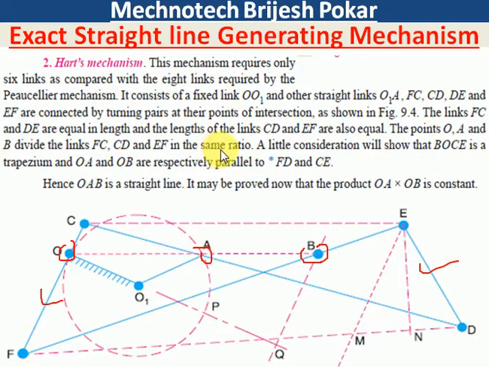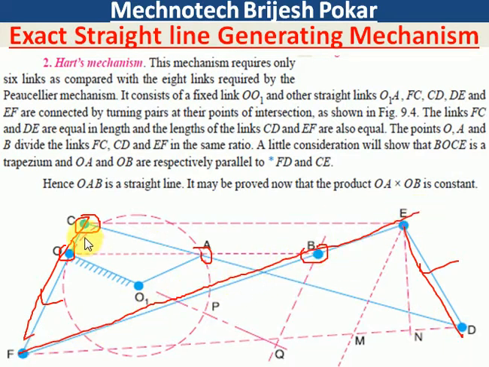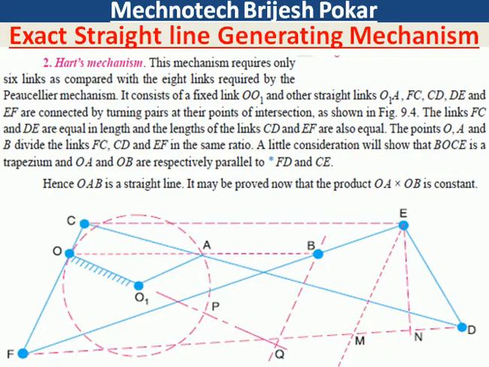Then CD and EF are also equal, it means CD and EF are equal, and FE and CD are also equal. So this is the basic arrangement of the different links, okay.